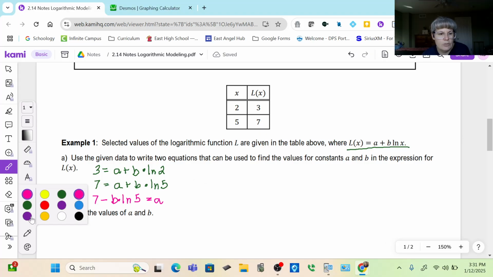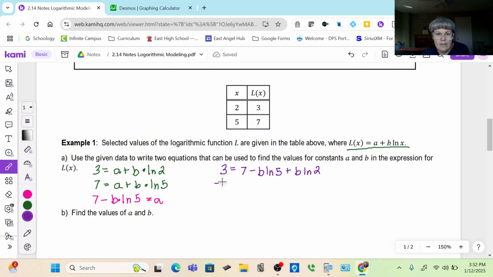So now I'm going to be solving the equation 3 equals, replacing a with 7 minus b natural log of 5, plus b natural log of 2. So the first thing I'm going to do is subtract 7 from both sides.